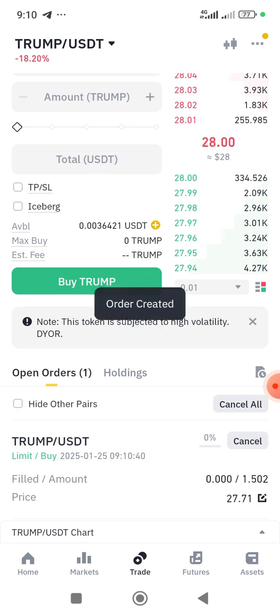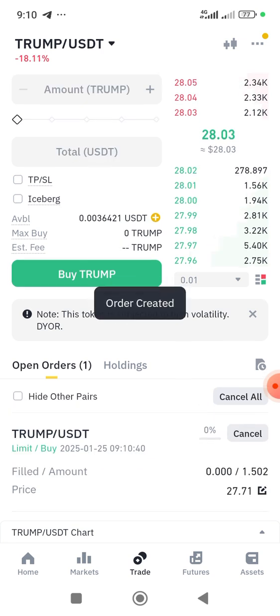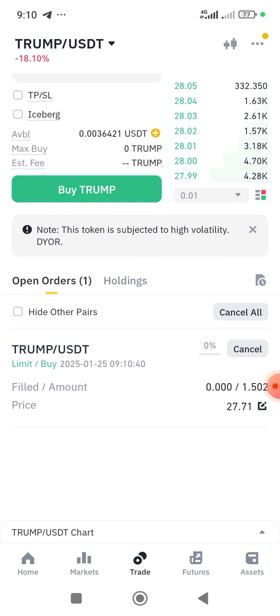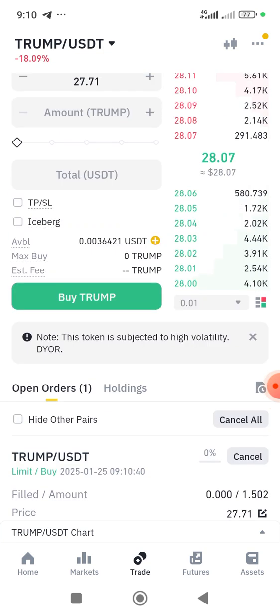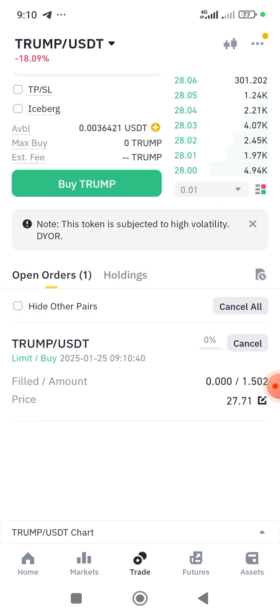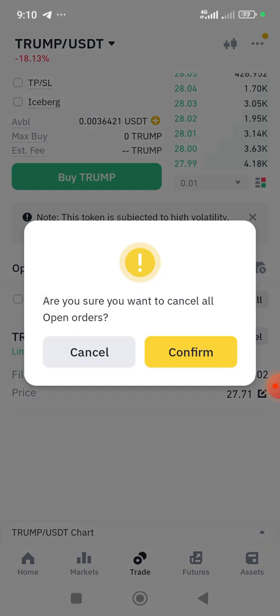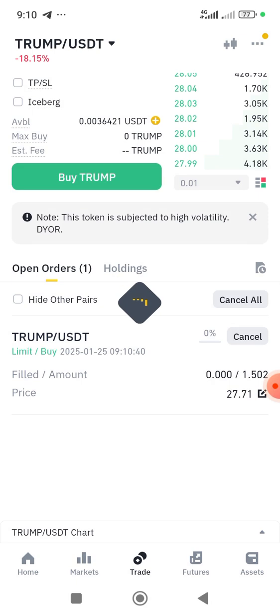When I click buy, I will just leave it. When the price comes down to 27.71, automatically I will buy it. That is for that.